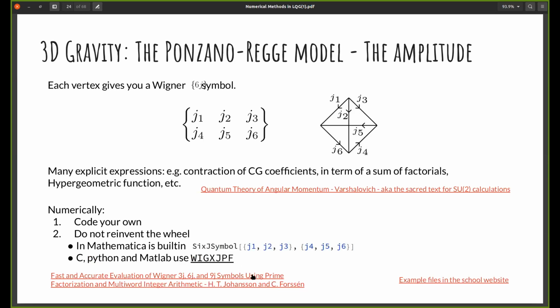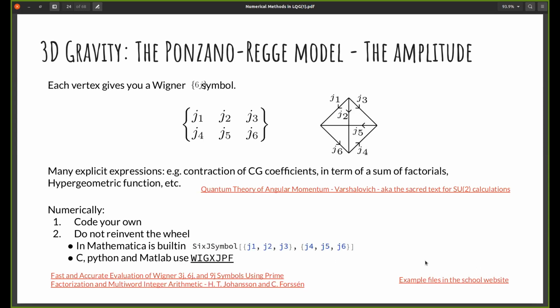This was a very nice finding by us, literally saved us a lot of time. It's a library to compute 3J, 6J, and 9J symbols done by this, is it Danish? Yeah, probably a Danish group. And this is what we use in our code.